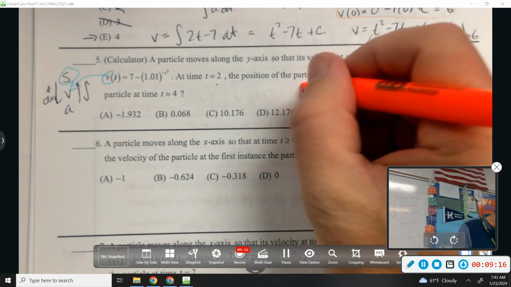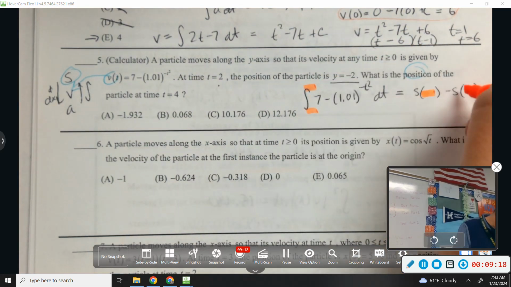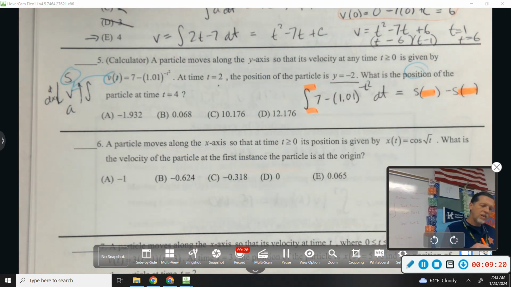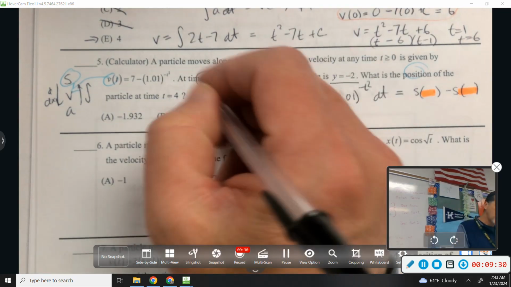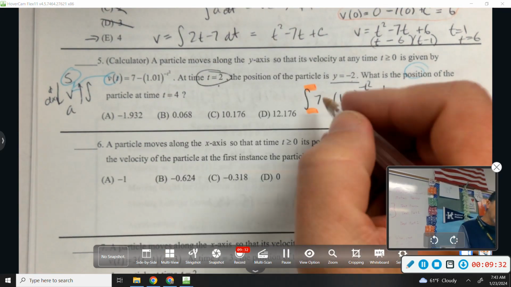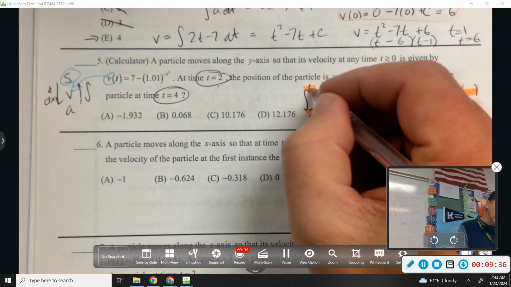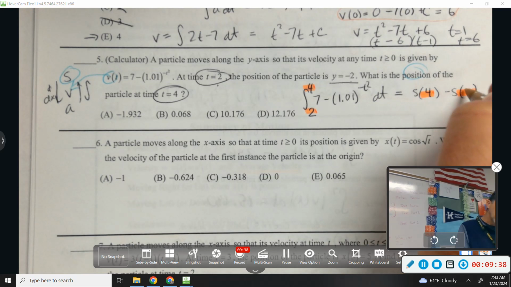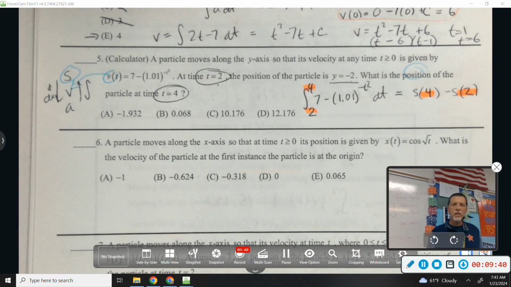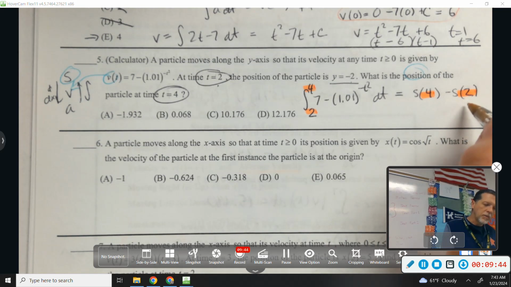What should my times be? Pardon? 2 and 4. At time 2, y is equal to negative 2, so we'll start at 2. And we want to know about 4, so we'll go to 4. So s of 4 minus s of 2. Because we know s of 2 is negative 2.